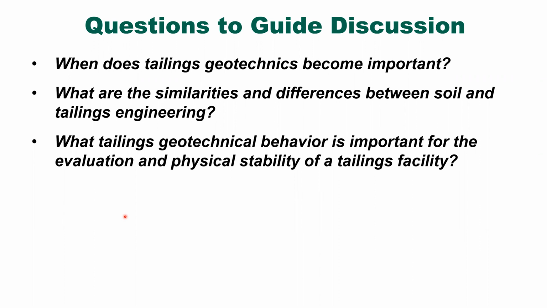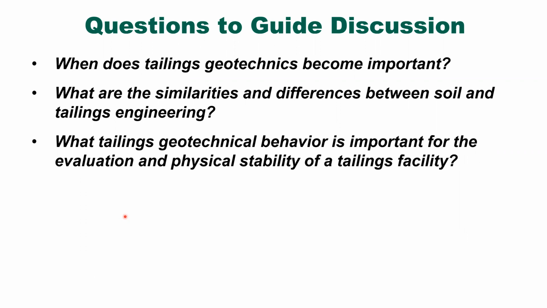As you'll see, there are an awful lot of similarities, and we'll use a lot of the same terminology when it comes to geotechnical engineering of tailings, and there will be a lot of overlap with other geotechnical courses and knowledge that you might have. And lastly, what tailings geotechnical behavior is important for the evaluation and physical stability of a tailings facility.